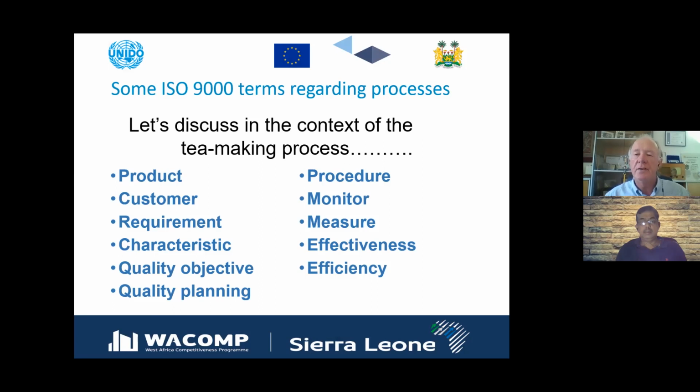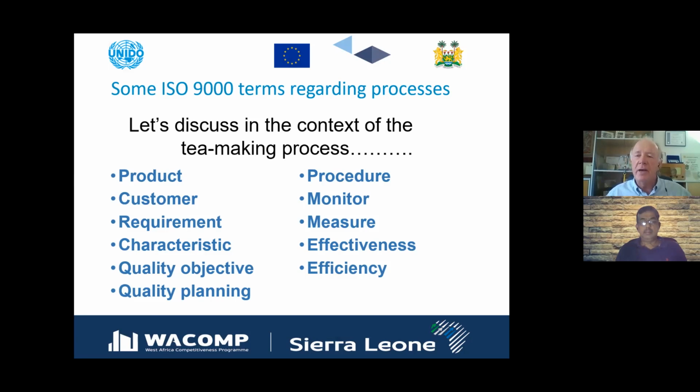What about the effectiveness? Have we made a good cup of tea? Great. Yes, everybody's happy. They think, yeah, that's a very good cup of tea. The process is effective. But if we filled a 2-liter teapot with tea and made tea and we've only had one serving out of it, then we've not been very efficient.